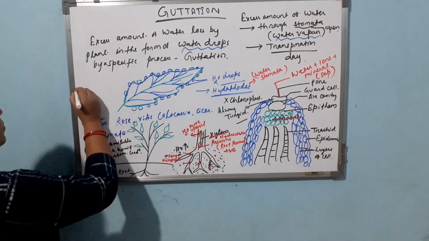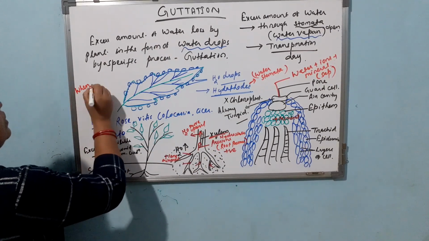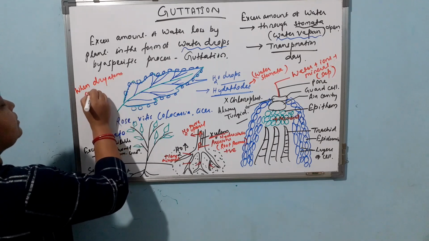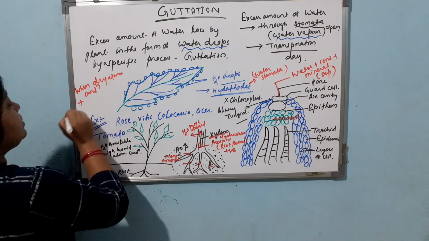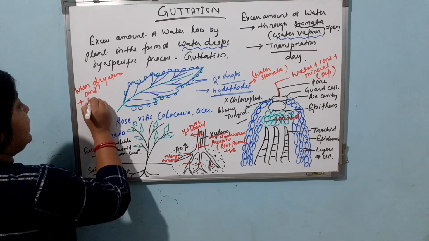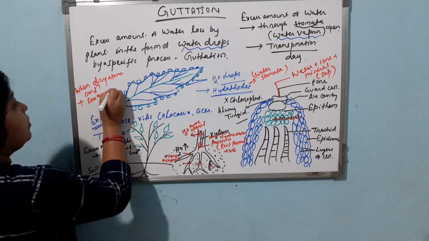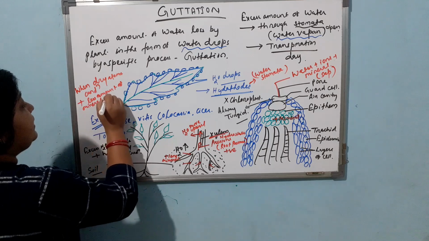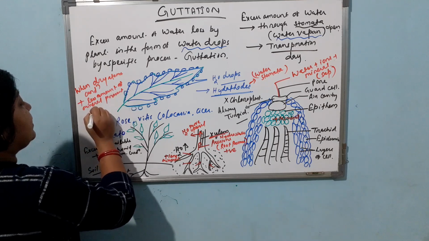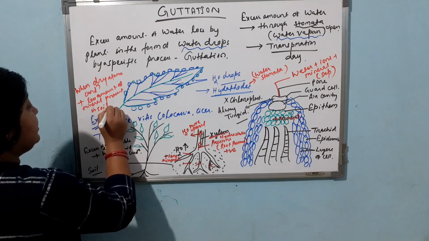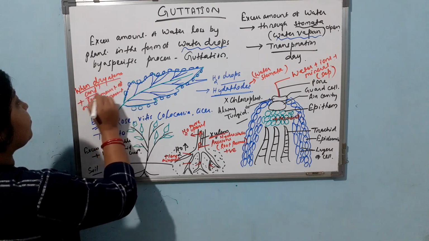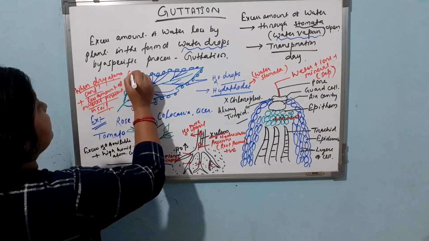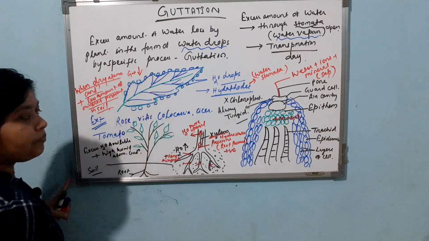When there is a dry atmospheric condition, plus less mineral present in the soil, in these two cases the guttation rate will be low.